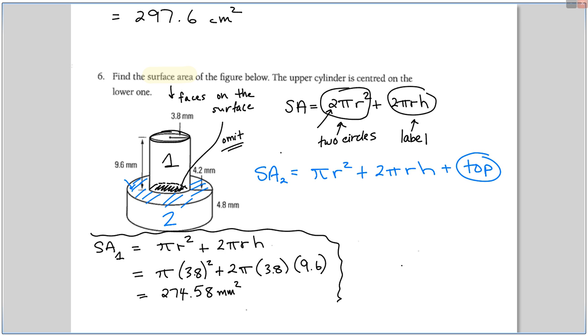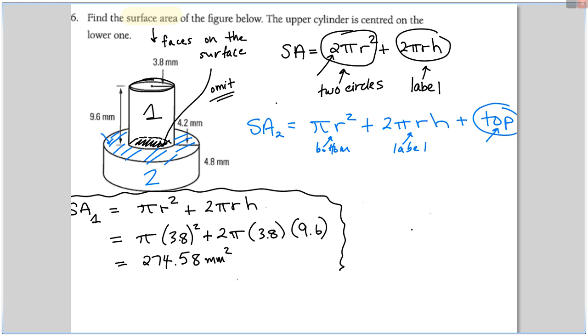Is everybody okay with that? I'm going to do the bottom circle. I'm going to do the label. And then I'll do the top at the end, because the top's really weird.